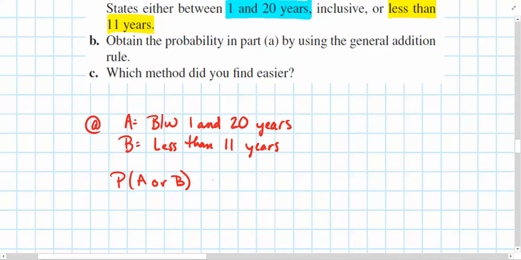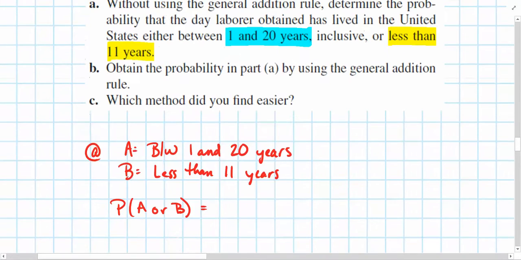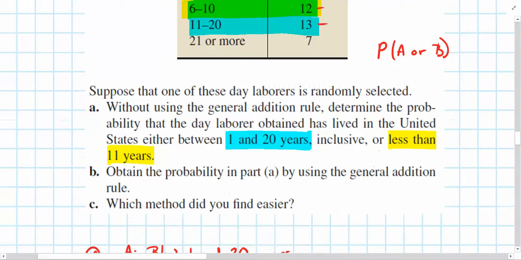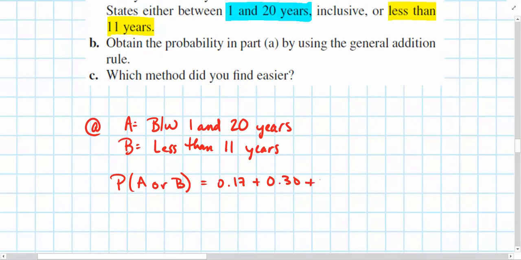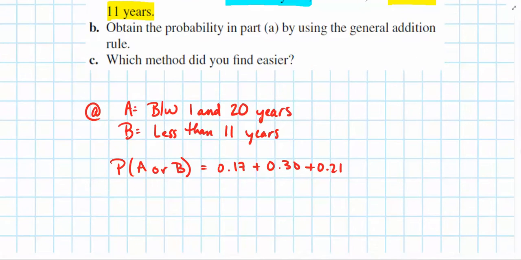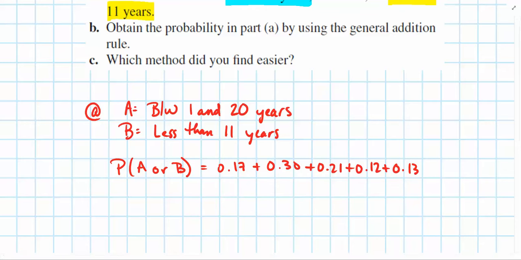So probability of event A or B, well, we know that that's equal to the sum of all of these probabilities. So we have 0.17 plus 0.30 plus 0.21 plus 0.12 and finally 0.13.